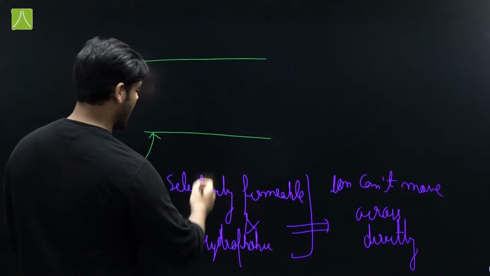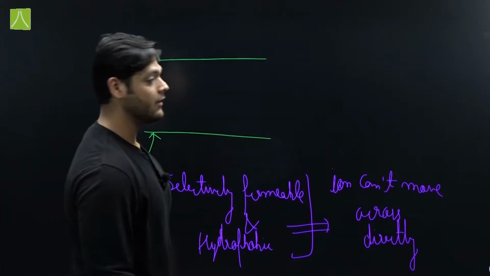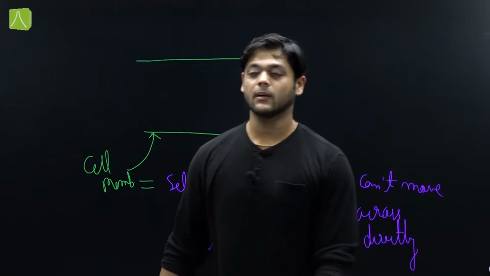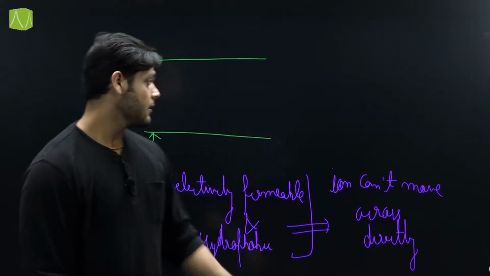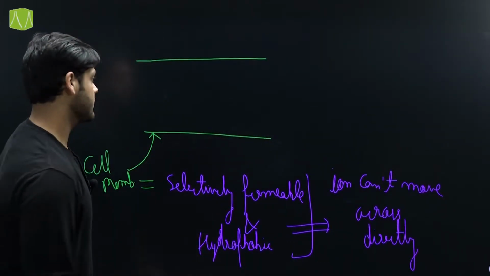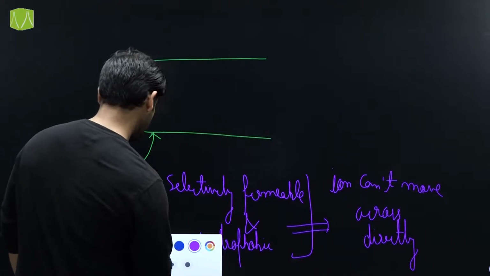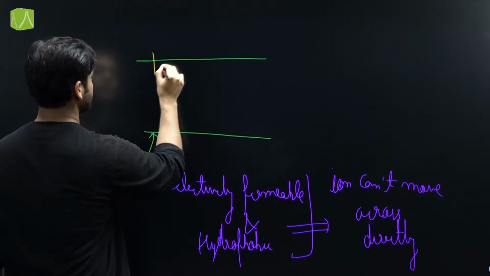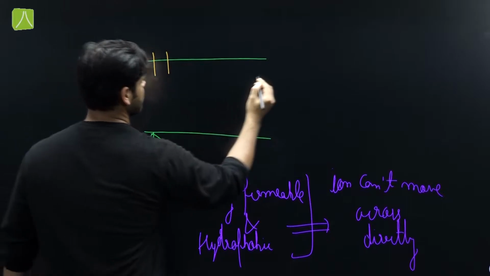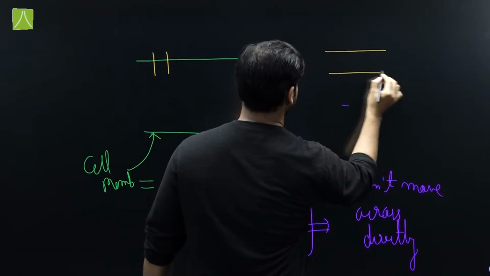Why? Because ions cannot move by themselves, so we have a regulatory system, or we need a channel by which ions can move across. You know, there are some integral proteins. Suppose this is a cell membrane, this is a layer.